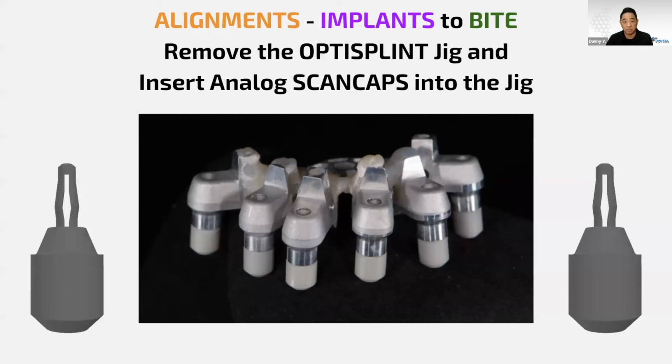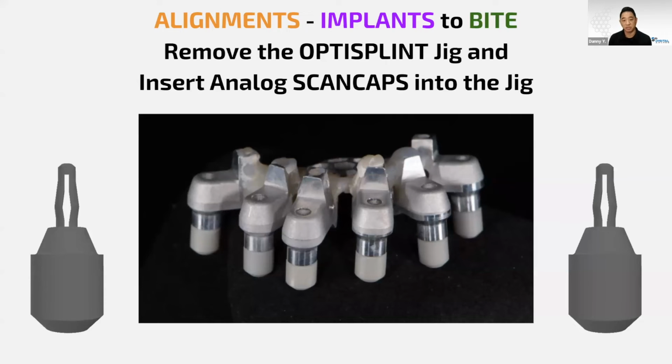Now, we do actually recommend, even if you're shipping this to a lab and you don't have a digital scanner or a desktop scanner in your office, that you scan the OptiSplint outside the mouth once it's dried and cleaned of all blood and saliva. And we recommend that you scan it before you ship it to your lab, just in case anything goes wrong during the shipping process, whether it's lost or damaged or broken.